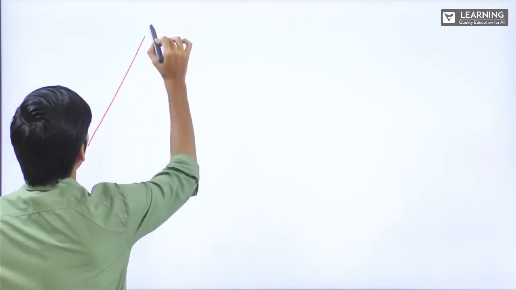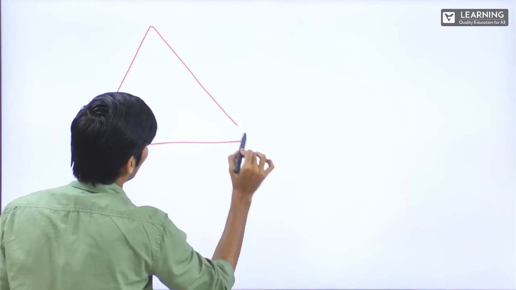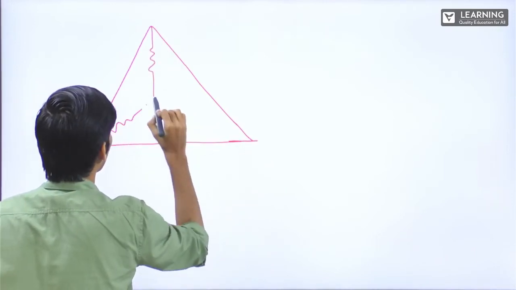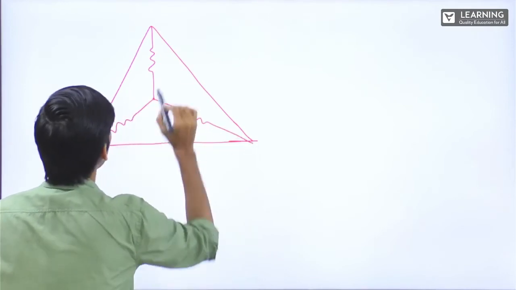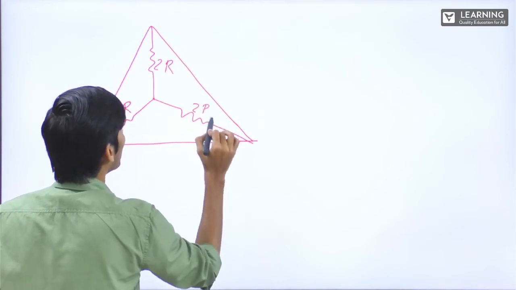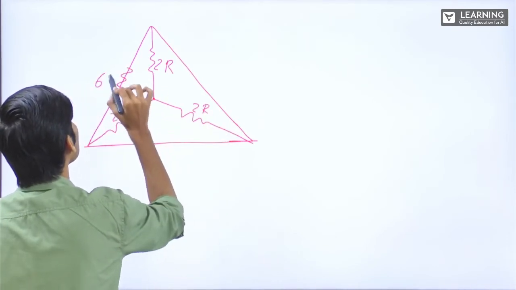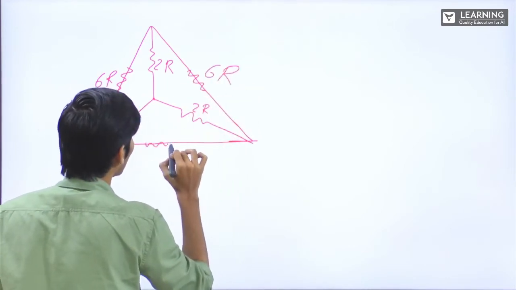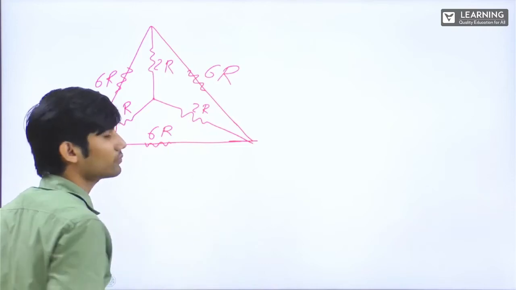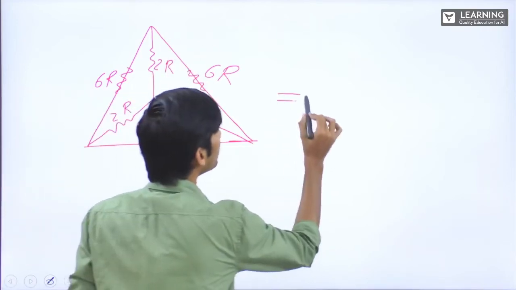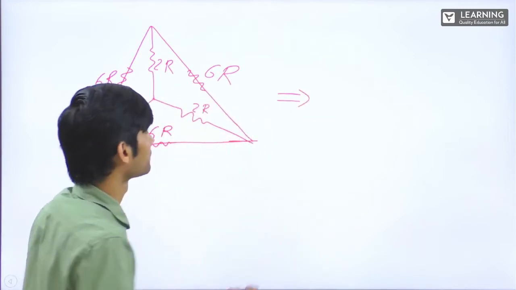Two R, 2R, 2R, and this was already 6R, 6R, 6R. Fine. Now see, this star, I am going to convert it into delta.